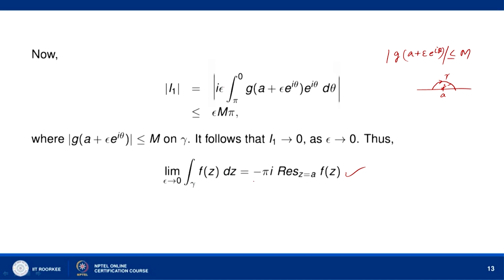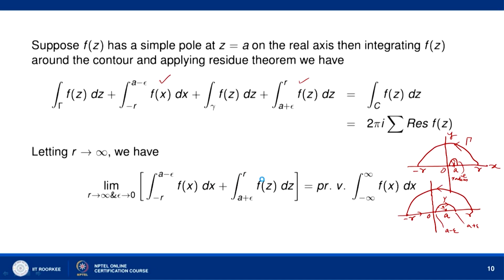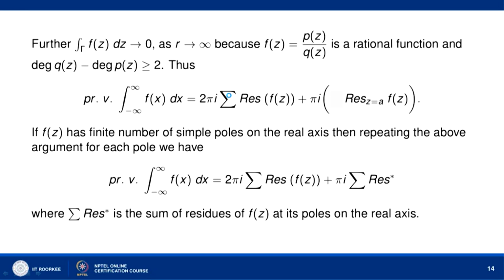So, this value we shall put here for this expression, and this is equal to 0 when R tends to infinity. This integral and this integral give us the Cauchy principal value of the integral from minus infinity to infinity of f(x) dx. This we know by the residue theorem, and this we have calculated. So, we put the value here, and then calculate the Cauchy principal value. We shall further explain this.